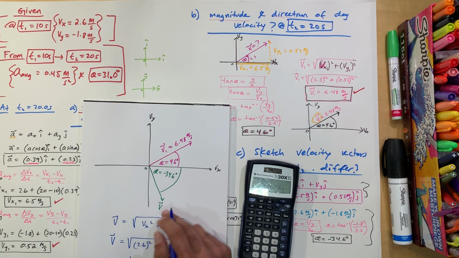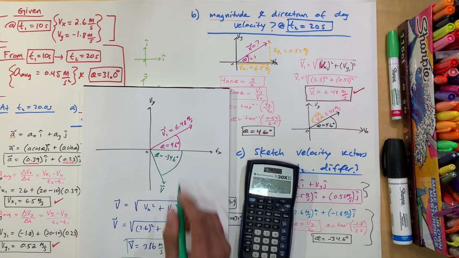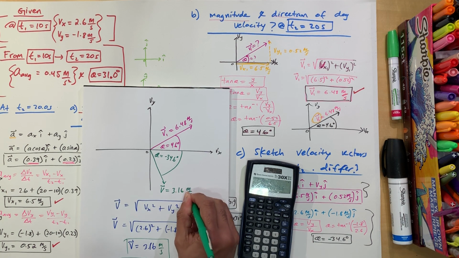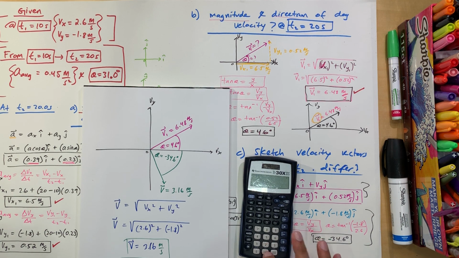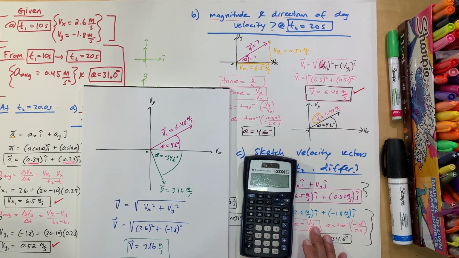Oh, and the units are meters per second, so if you can see it there. So this velocity magnitude is 3.16 meters per second. Let's just make sure, because I kind of suck at calculators. So 2.6 squared plus 1.8 squared, and square root of that, yeah, okay, so 3.16.